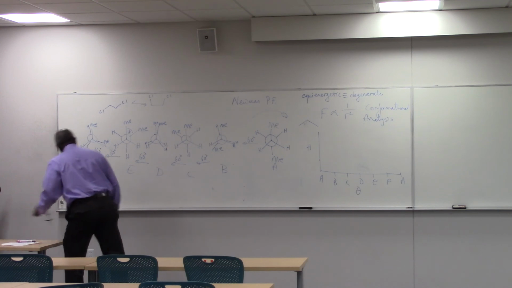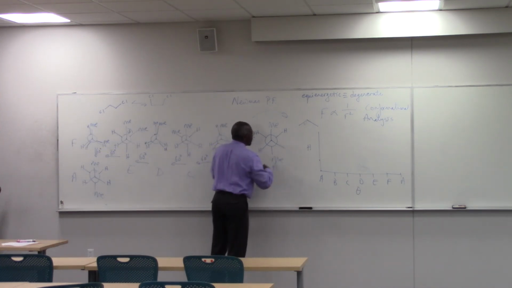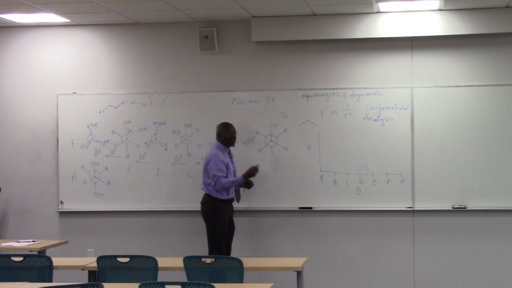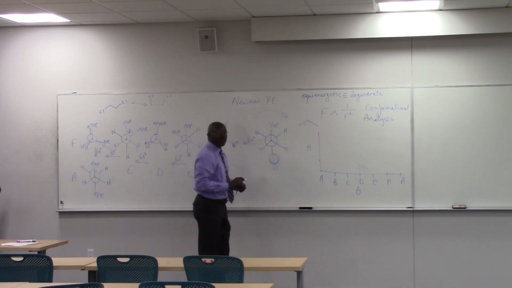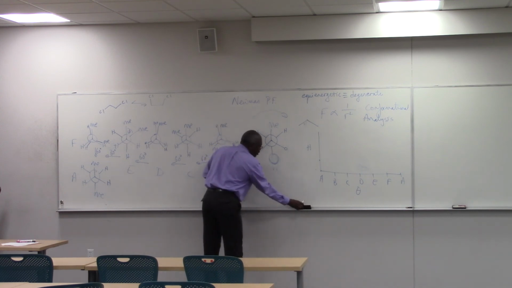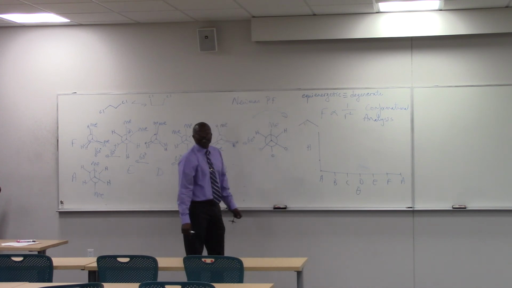Well, H is a small atom. Methyl has a carbon and 3 H's. So methyl is a bigger group. So when I had H on this side, these barely felt each other.